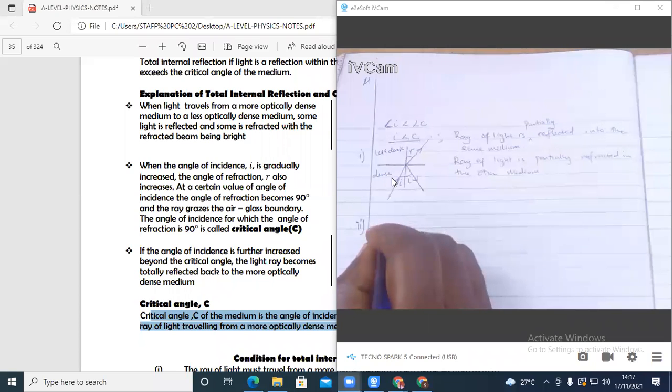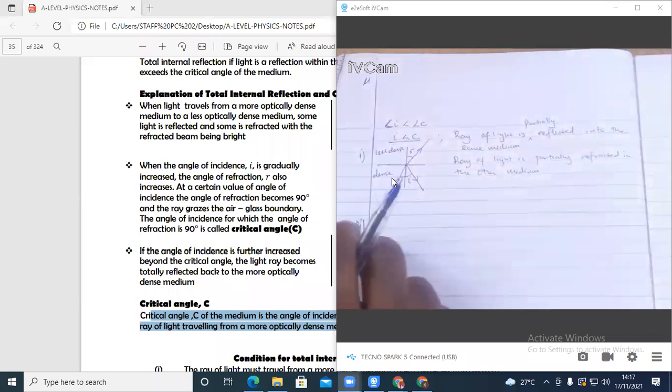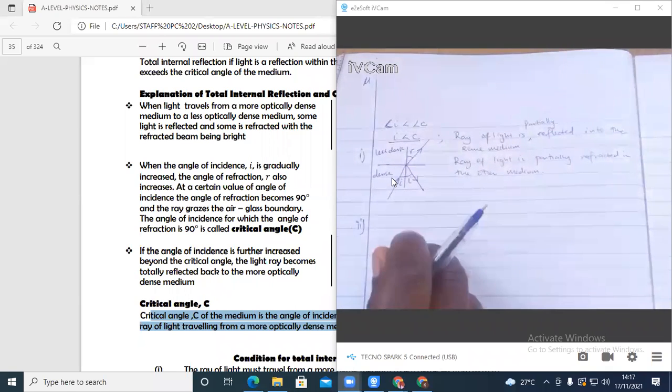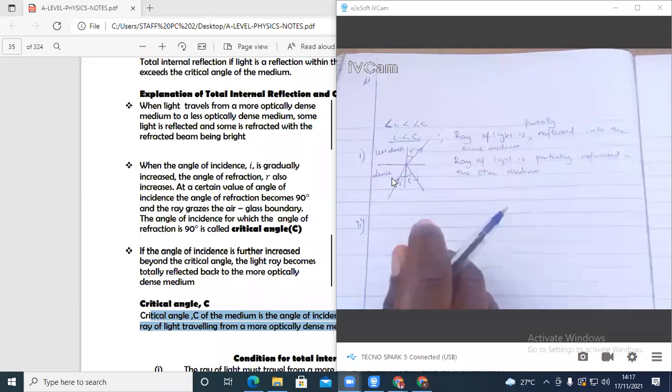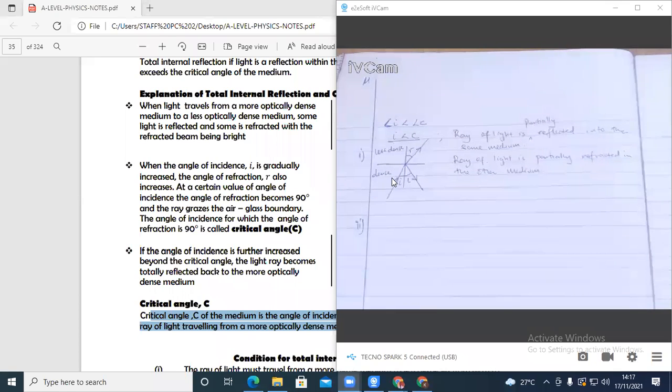So number 2, you have to know that when the angle of incidence is increased, the angle of refraction also increases. At this point, the refracted ray grazes the surface at an angle of 90 degrees. Then the angle I is what we call the critical angle.